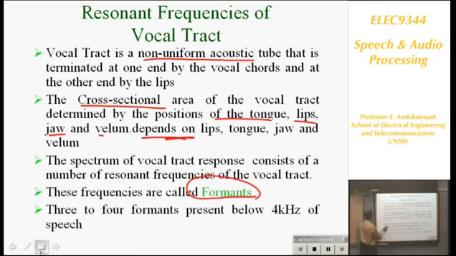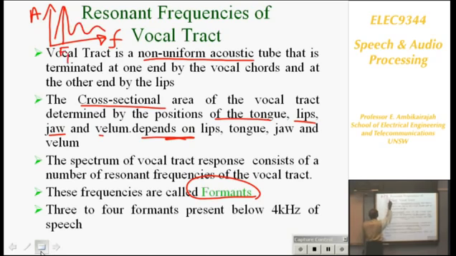So basically, what does resonance mean? You have a graph of frequency versus amplitude. A resonance means a peak there. In this particular sound, I have F1, F2, and F3, three resonant frequencies.